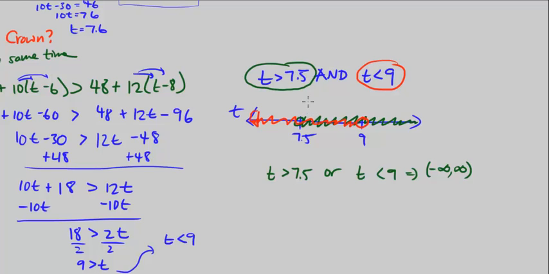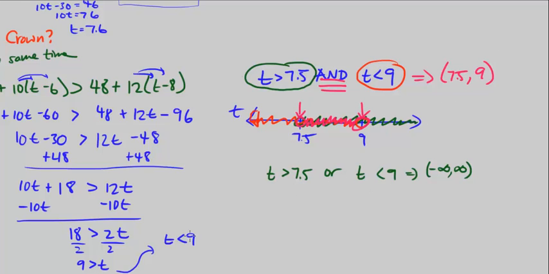They're only both shaded in between 7.5 and 9, because the green shade is open at 7.5, and the red one is open at 9. So this and becomes the region parentheses 7.5 to 9 parentheses: open circle, shaded, open circle. That's why and is very important, and this distinction between or.